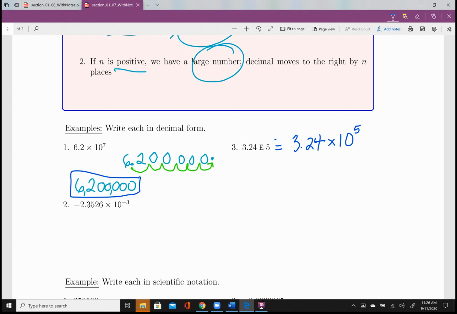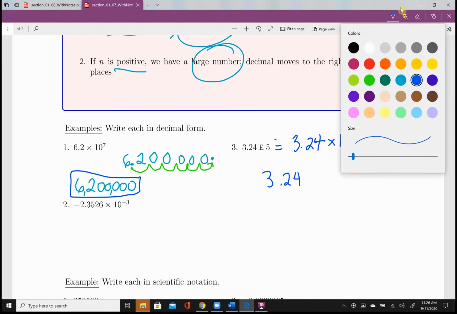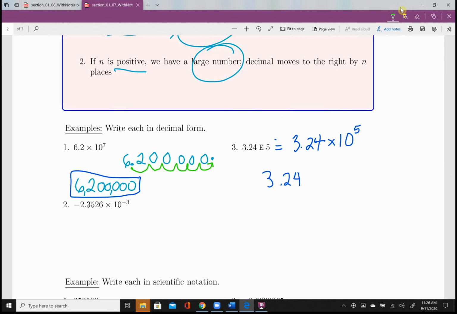Okay, great. So let's take 3.24 and move that decimal place 5 units to the right. And why am I going 5 units to the right and not to the left? Because this 5 value is positive. So it's 1, 2, 3, 4, 5.